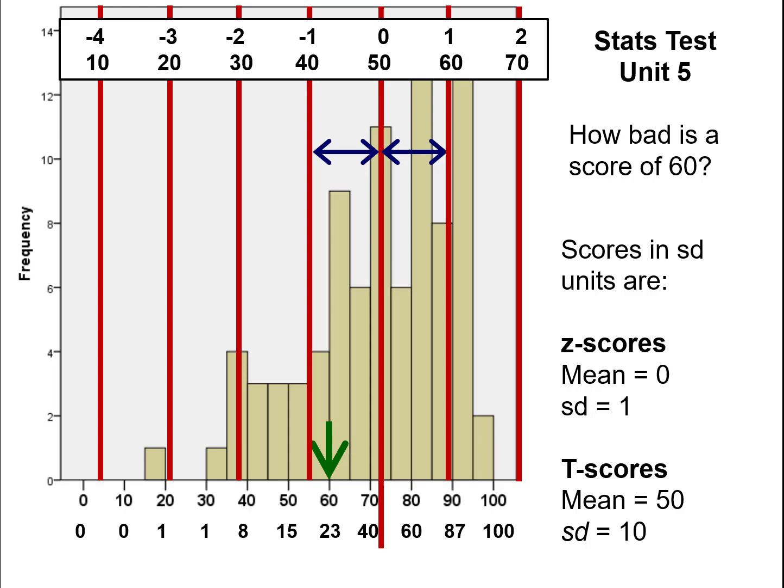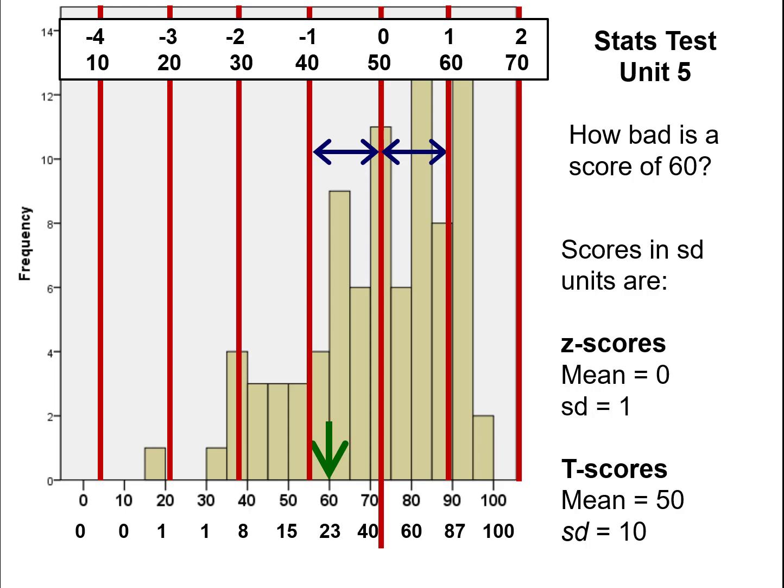Now, one thing that makes z-scores maybe not quite so practical in some settings, especially if you're a clinical psychologist or a school psychologist and you're doing assessments on clients or children, and maybe you need to give feedback to clients, or you need to have discussions with other professionals about your assessment results, there's a couple things about z-scores that make them a little bit impractical to use in those settings.